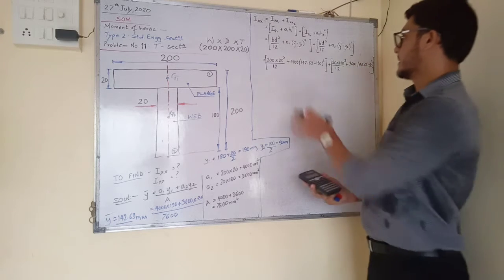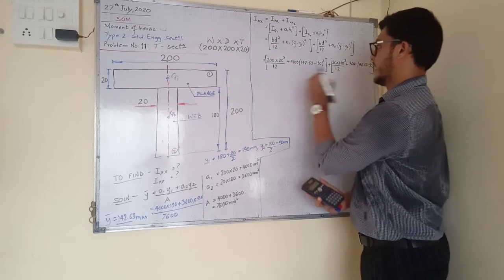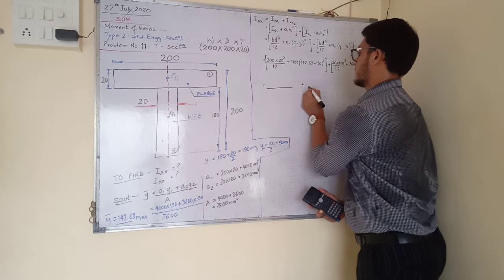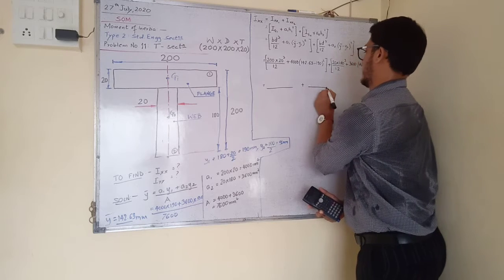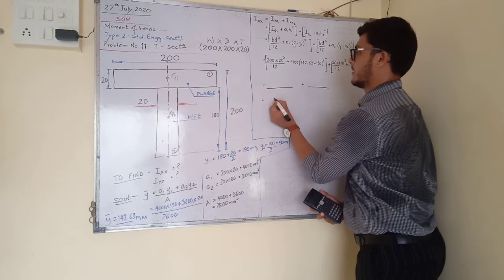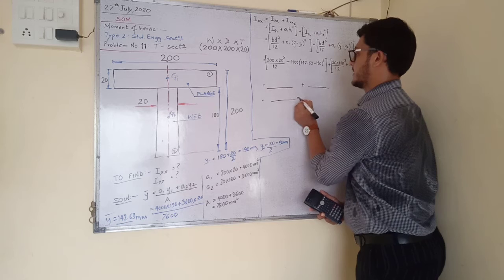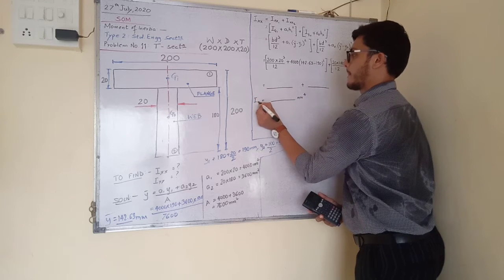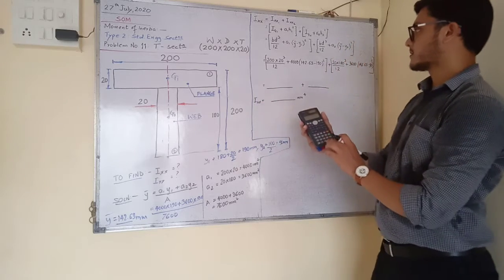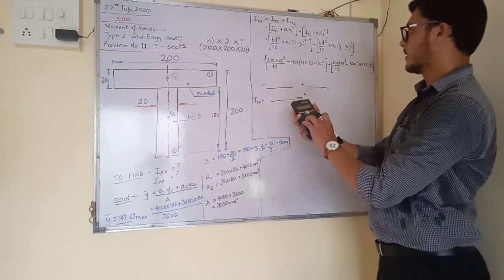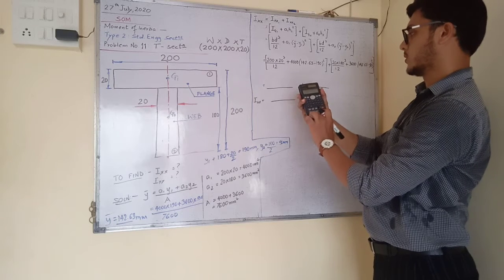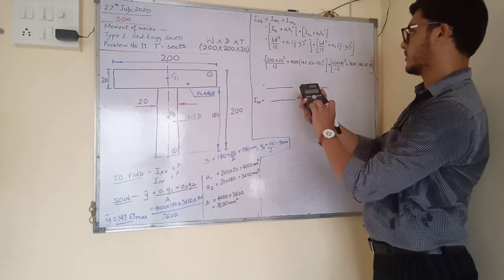Now we'll solve this answer over here and this answer, and we'll add these two answers to get the final Ixx in millimeter raised to 4. So I am solving the first square bracket. Open double bracket, numerator 200 into 20 cube.